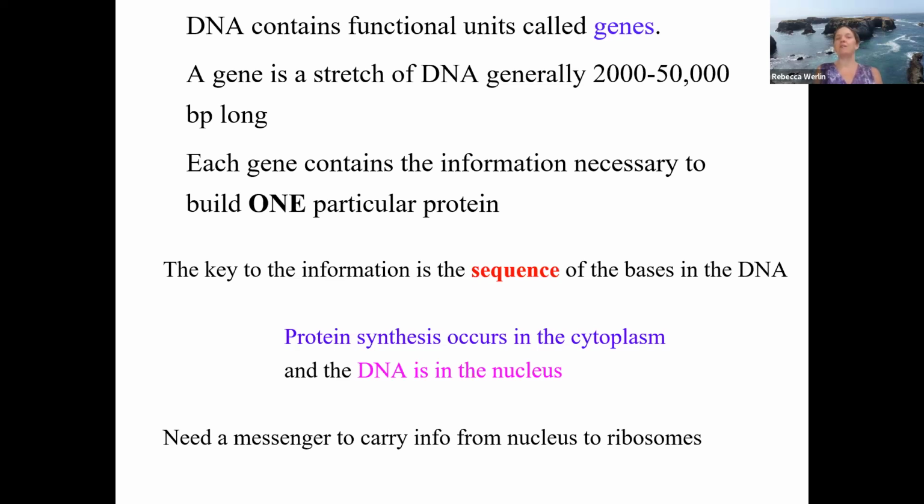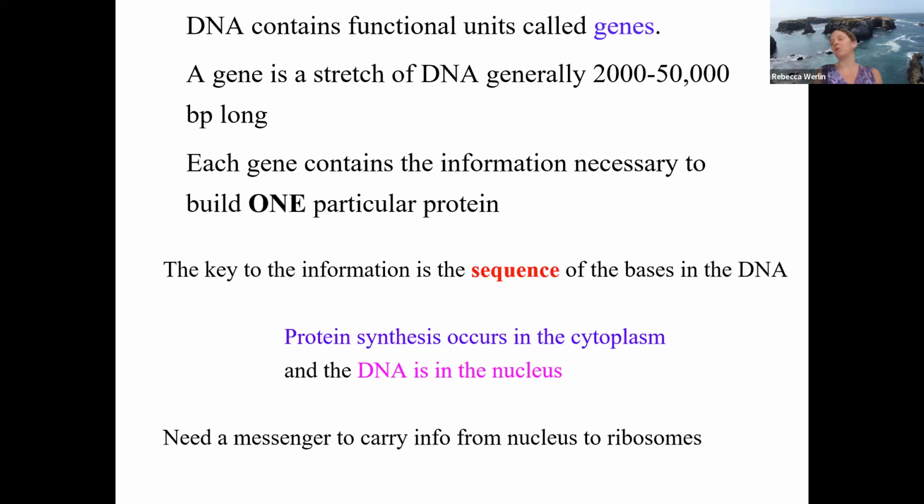And each gene codes all the information necessary to build one particular protein. And how we code for that is the sequence, A's or T's or C's or G's. In eukaryotic cells, protein synthesis occurs in the cytoplasm, and DNA synthesis and RNA synthesis occurs in the nucleus.